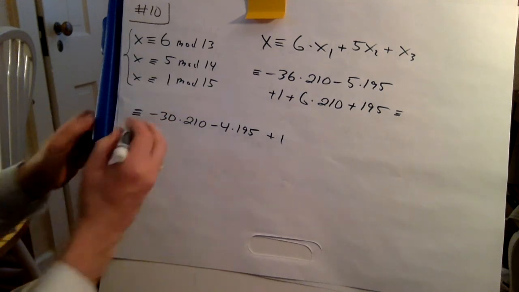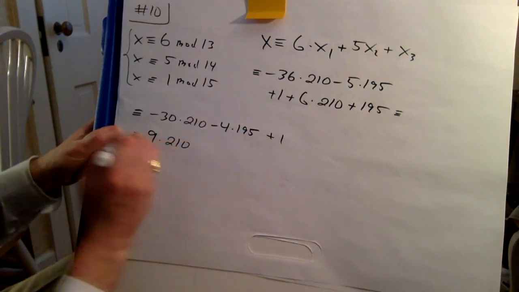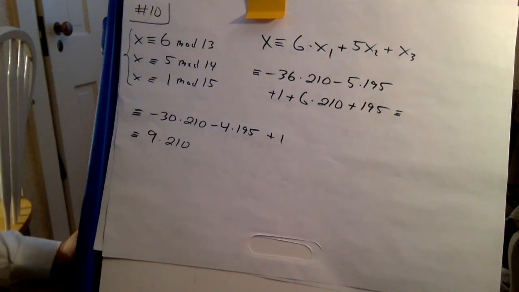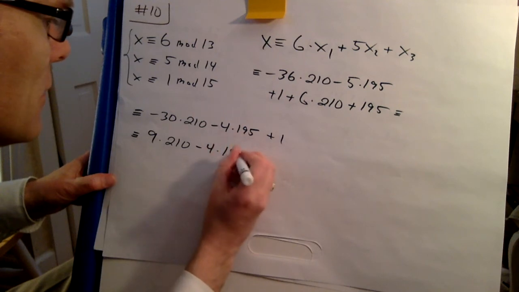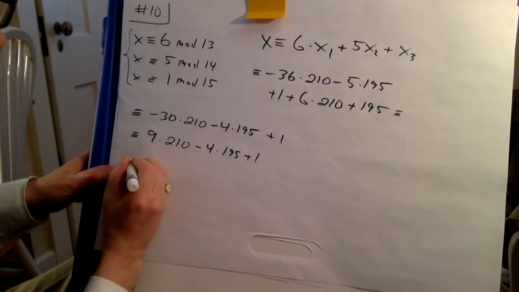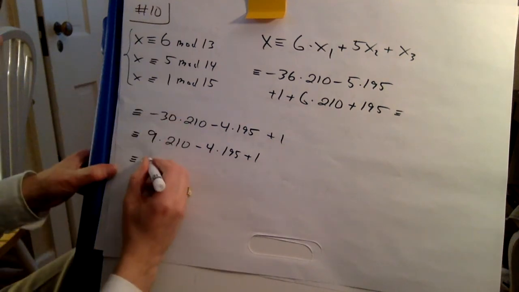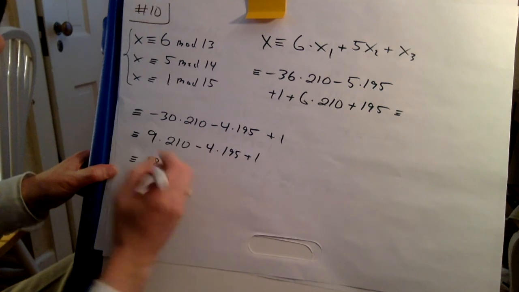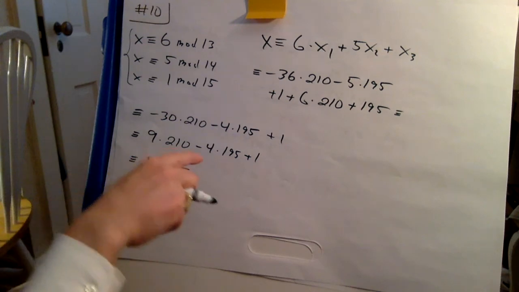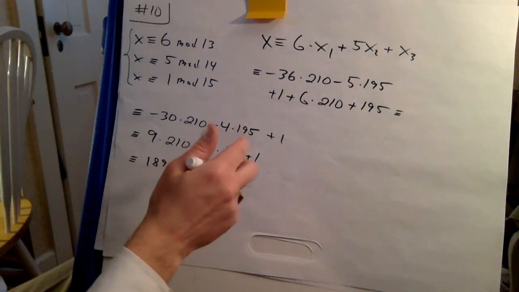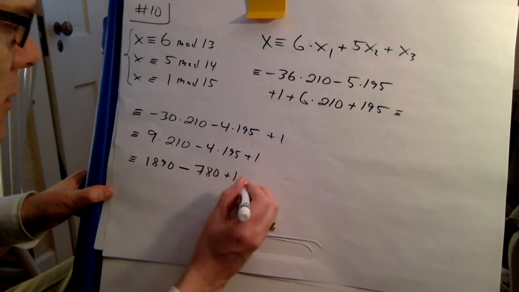So it means this is going to be congruent to 9 times 210 minus 4 times 195 plus 1. And now we can start multiplying things out. 2 times 9 is 18, 9 times 9 is 81, 0 here, minus this is almost 200, so it's 800 minus 20, 780, then plus 1.